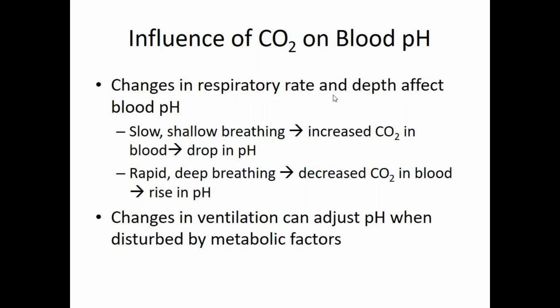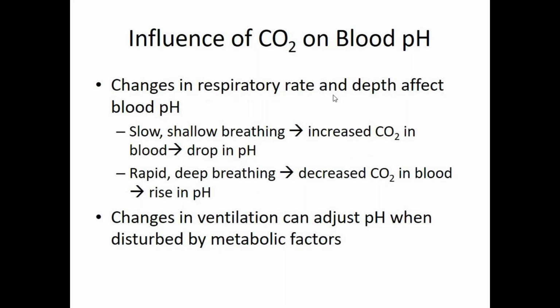So, right, when we think about how respiratory rate might affect this or vice versa. Okay, slow, shallow breathing typically leads to a rise in carbon dioxide, right, and a drop in pH. Rapid, deep breathing leads typically to decreased carbon dioxide content in the blood and a more alkaline blood.